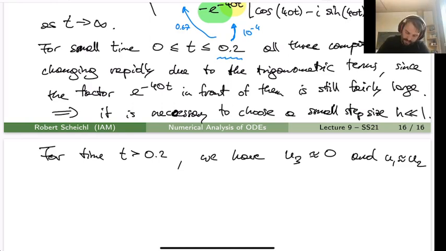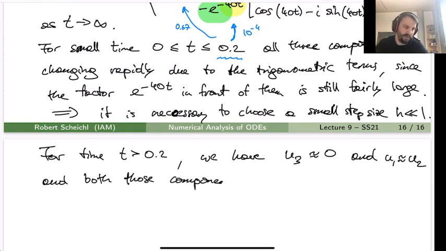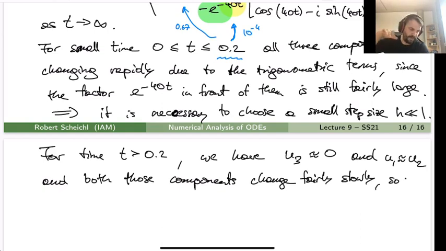And both those u1 and u2 components change fairly slowly. In fact, they're just going to 0 very smoothly, e to the minus 2t.